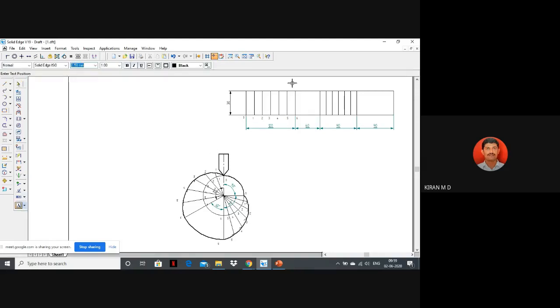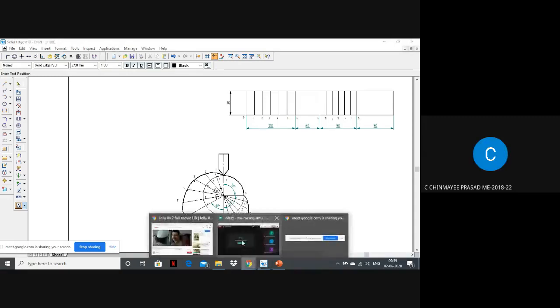Here it is lifting, and here it is the return stroke, so we mark the points in descending order. Okay, is it clear? Yes, sir.